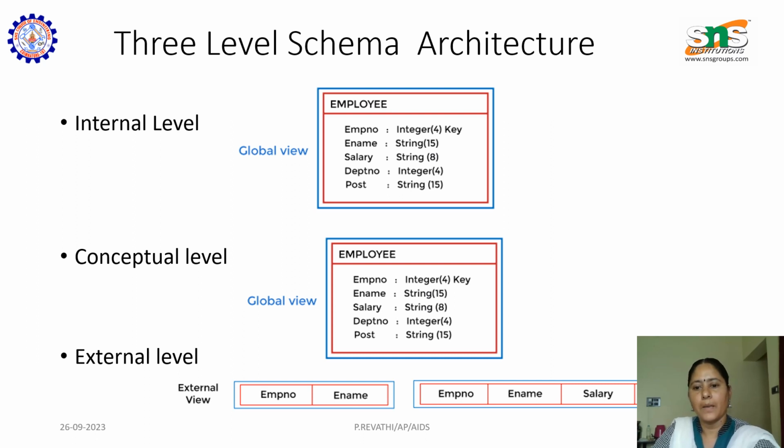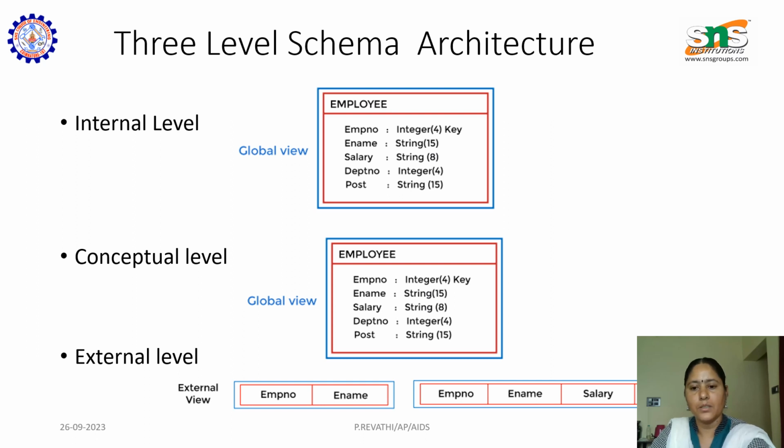Employee table: employee number and then only the data types are described. Employee number integer, employee name string, salary string, department number integer, post string.